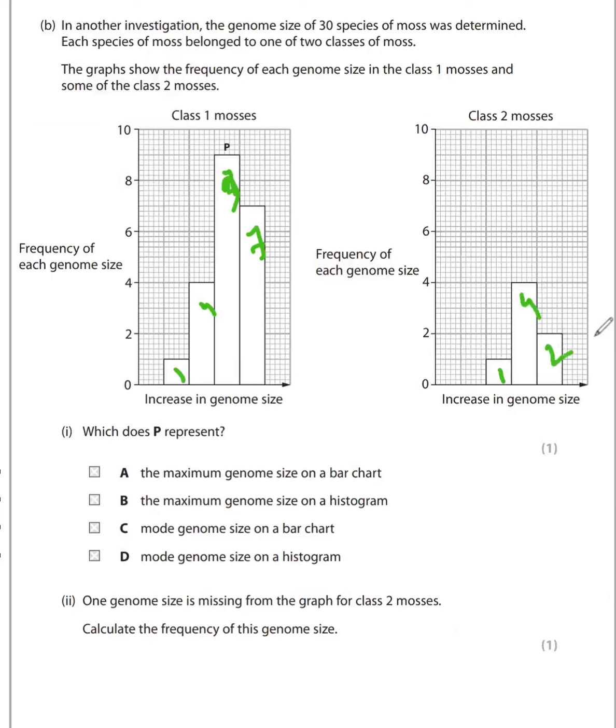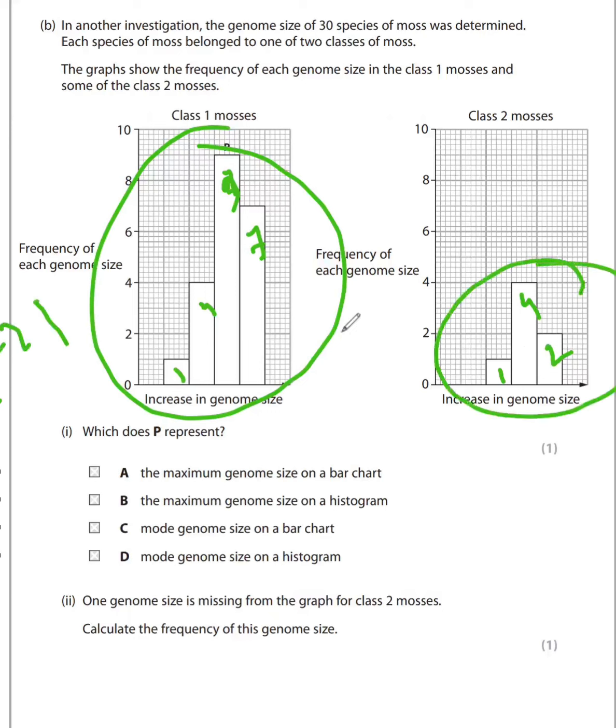So add the frequencies. What is frequency? How many times it is present out of the total number. So if you add all these, that means 1 plus 4 plus 9 plus 7, so 9 and 7 is 16, 20, 21. And this one, you see, 1, 4, 2, that means 7.